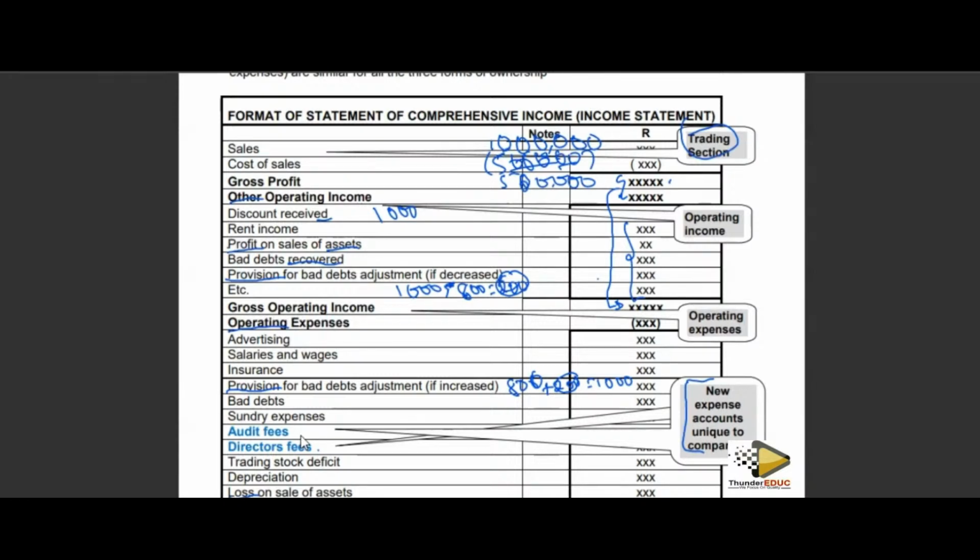Then we have the trading stock deficit. What is a deficit? Trading stock, I know you are aware, this is our daily stock we are selling, but then the deficit. Deficit takes place, for example, let's say in our stock, we expected to have stock to the value of 10,000.